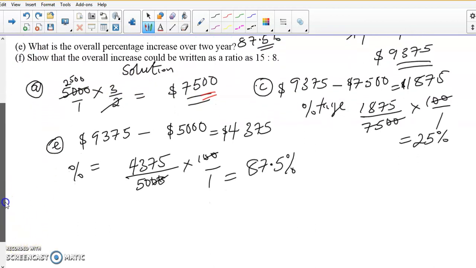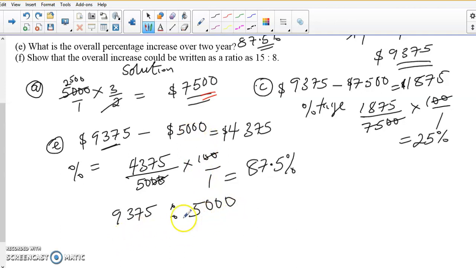So the last question says, show that the overall increase could be written as a ratio of this. The overall increase simply means the final amount after the 2 years, which is 9,375, to the initial one, 5,000.